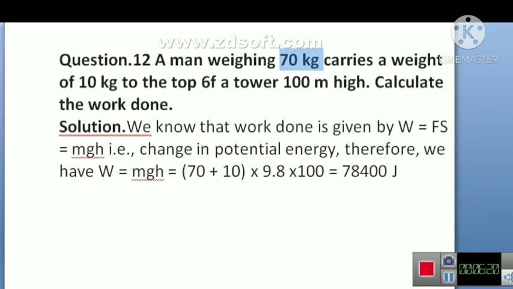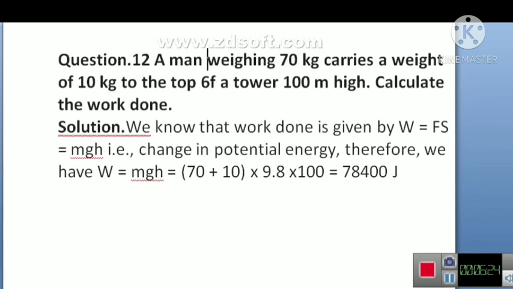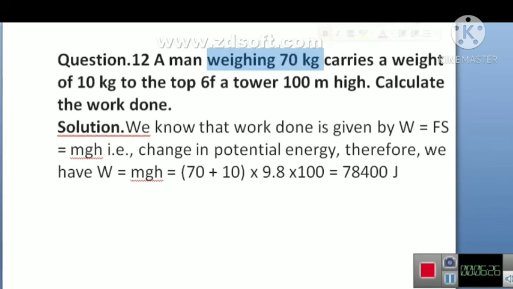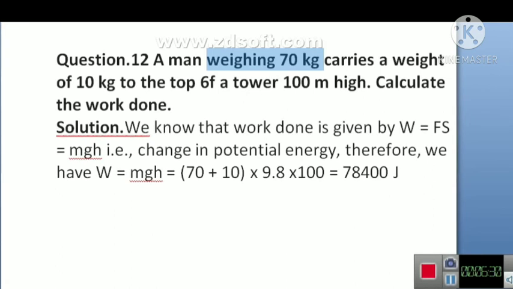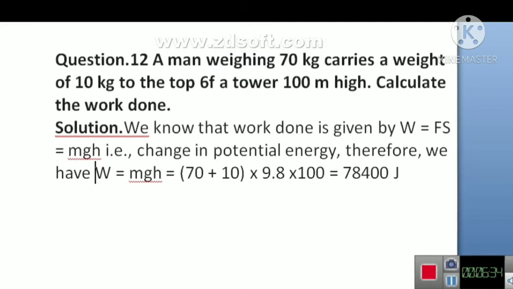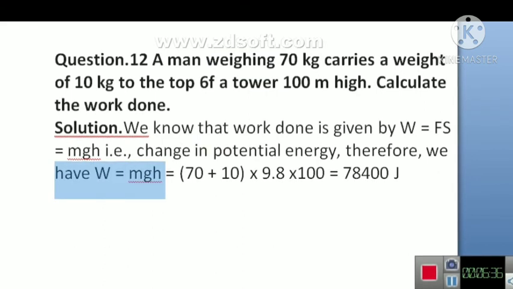So directly in place of mass they have given weight, and therefore this weight of the man, 70 kg, will be the force acting on it. Thus, as you know, work done W is equal to mgh.